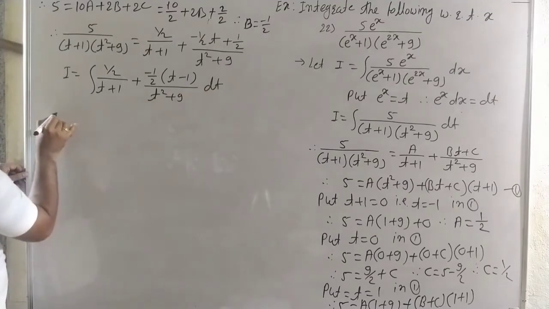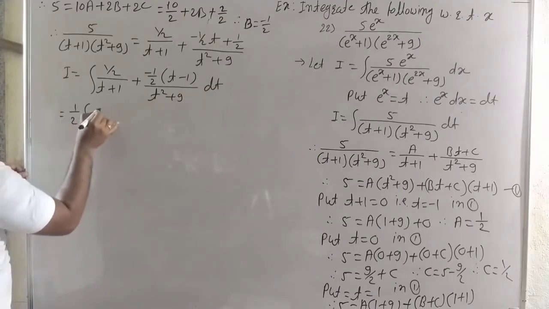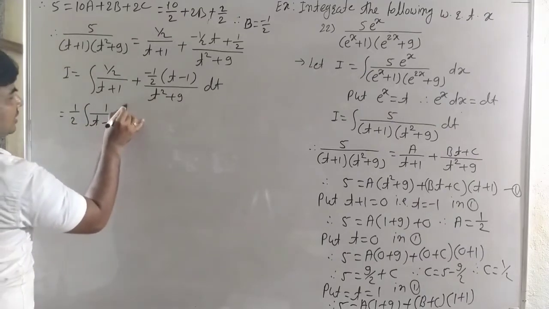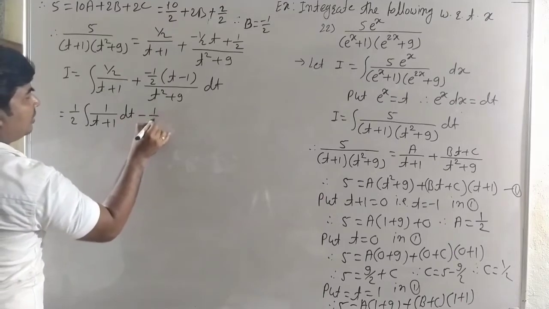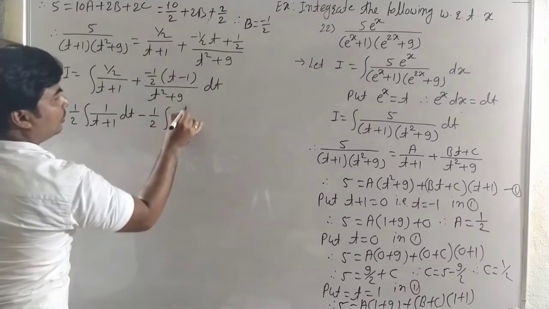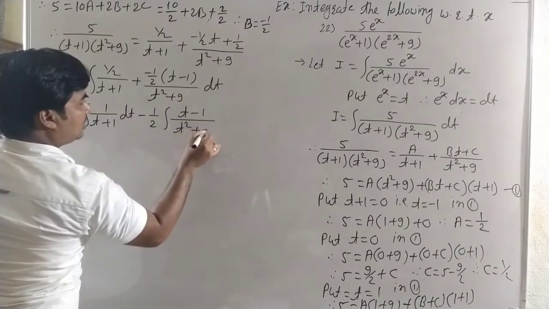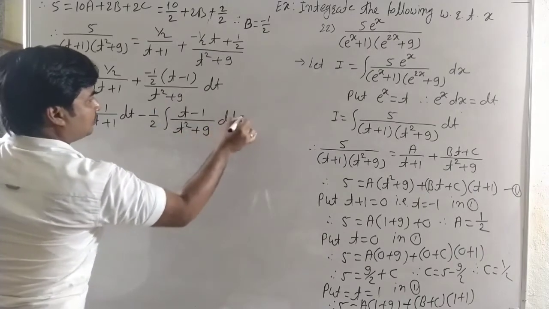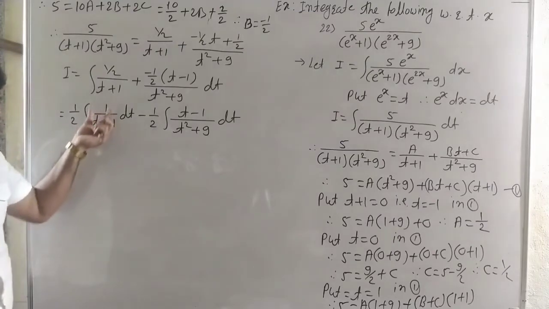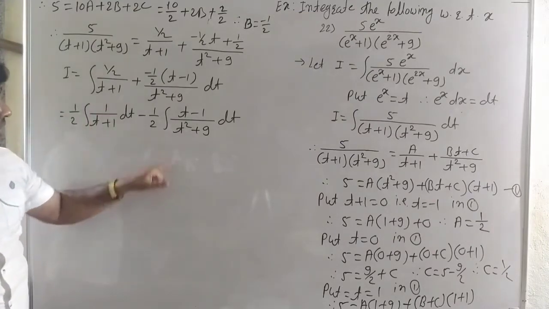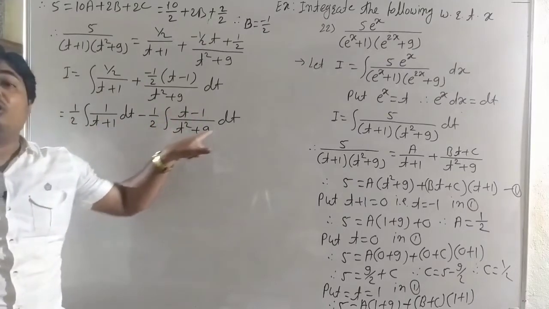Then separate the integrals. 1 by 2 into 1 upon t plus 1 dt minus 1 by 2 into t minus 1 upon t square plus 9 dt. Now it is in the standard form 1 upon t plus 1. The integral is log of t plus 1, but here it is a linear function upon quadratic function.